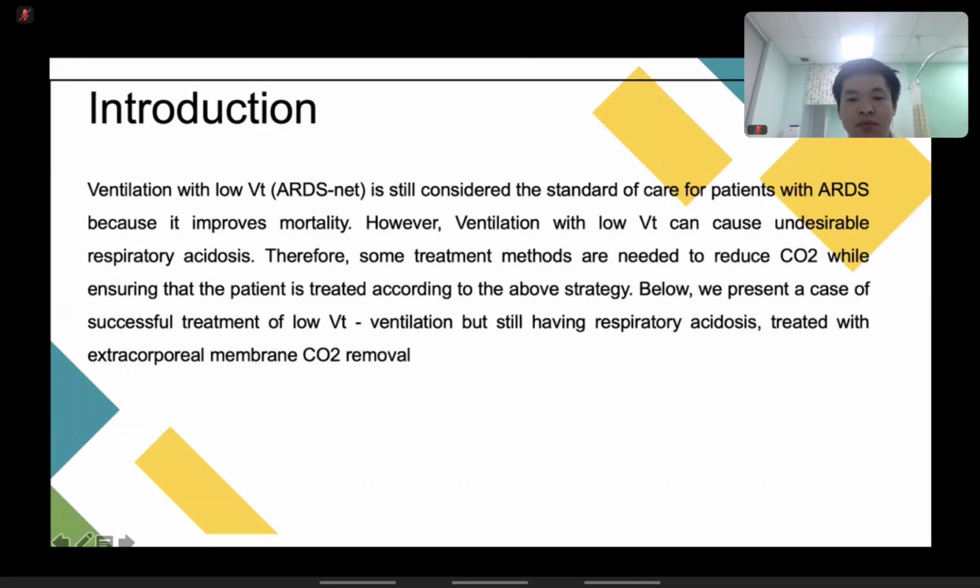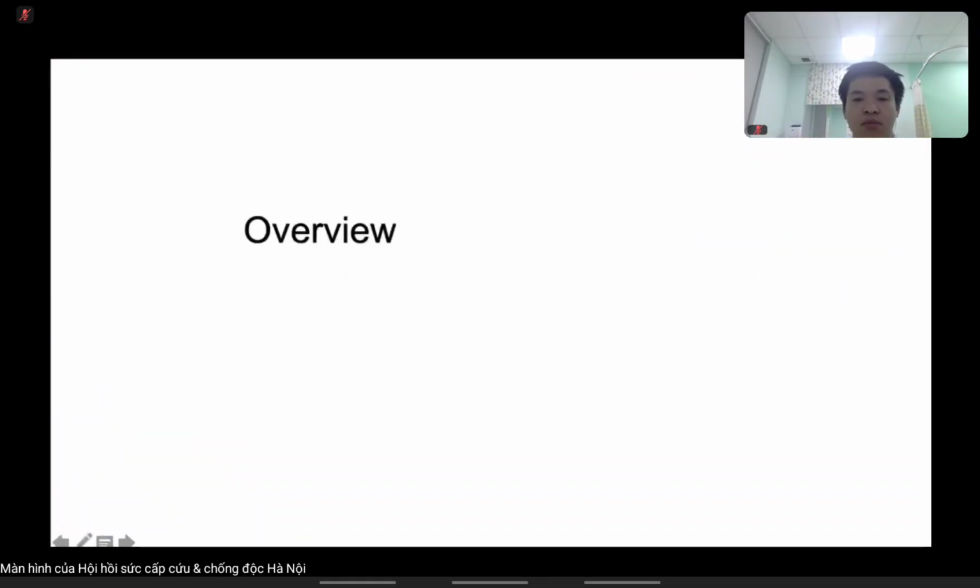Therefore, some methods are needed to reduce CO2 while ensuring that the patient is ventilated according to the above strategy. Below, we present a case of successful treatment of low VT ventilation with persistent respiratory acidosis treated with extracorporeal membrane CO2 removal.